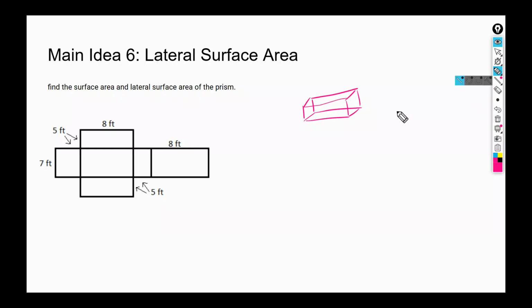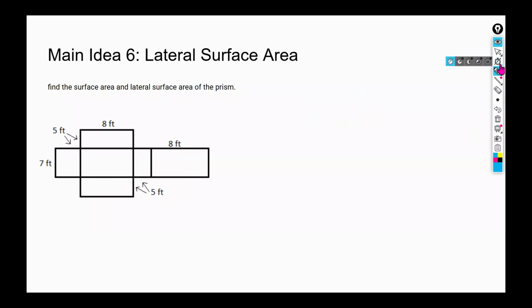So like this piece right here was folded flat and is now right here. This piece here was folded down and is now right here. The top piece is right here. So it's just folded down flat.